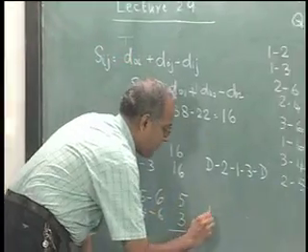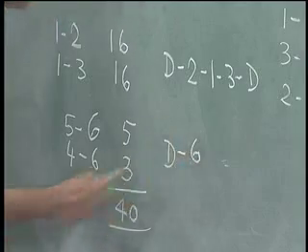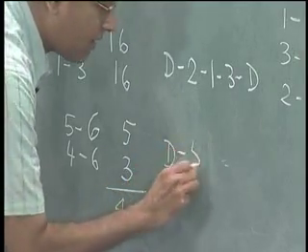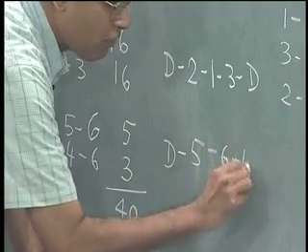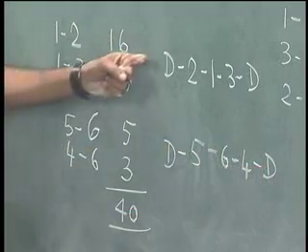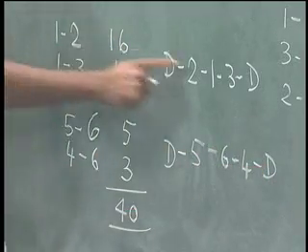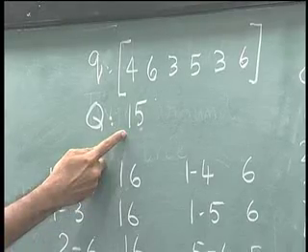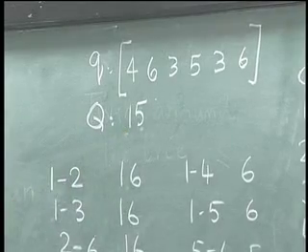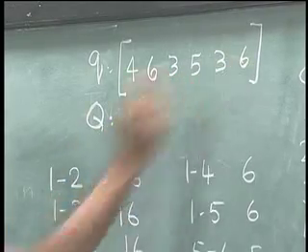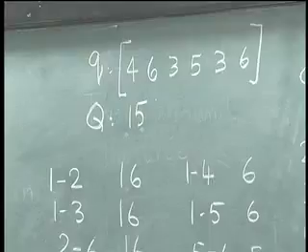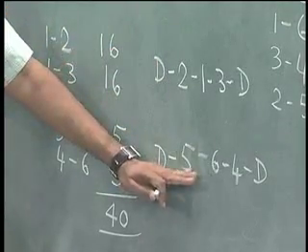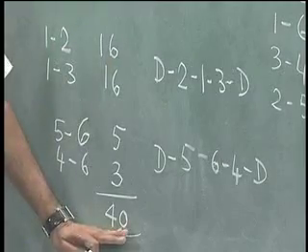The solution for this will be D 5 6 4 D. Now 1, 2 and 3 require a load of 13, which can be met by this 15. 4, 5 and 6 require a load of 14, which can also be met by this 15. So these two are feasible solutions that give us a saving of 40.